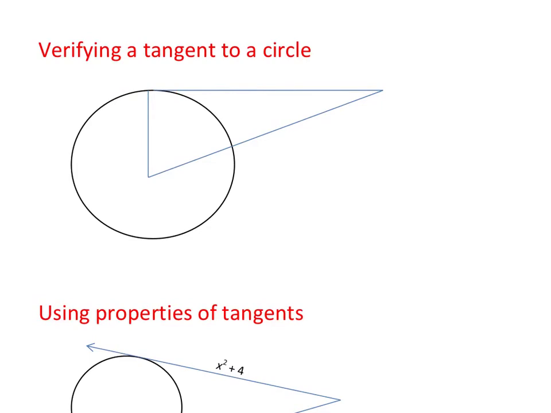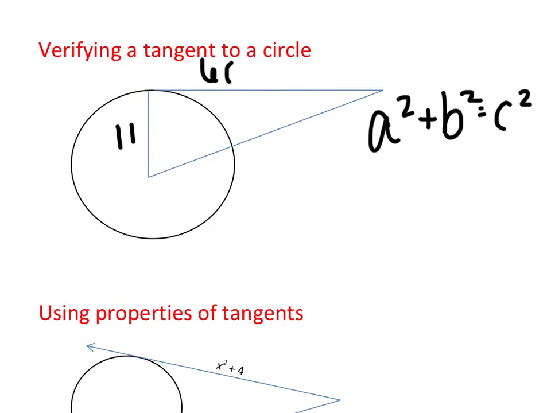The way to prove this would be to use the Pythagorean theorem, which would be a squared plus b squared equals c squared. So for example, we have 11 here, 60 is this length, and this length is 61. We need to check, is this segment really tangent or not? If it is, that means this angle would have to be 90 degrees. So we need to check, is it 90?